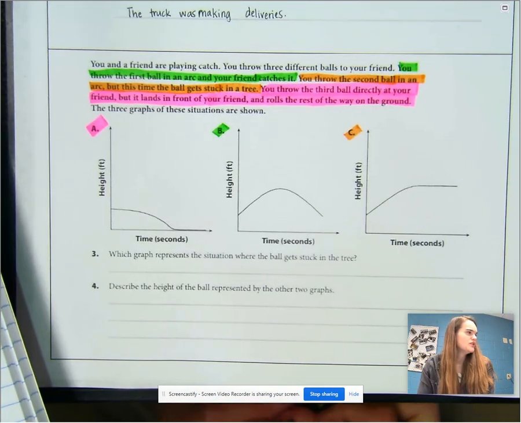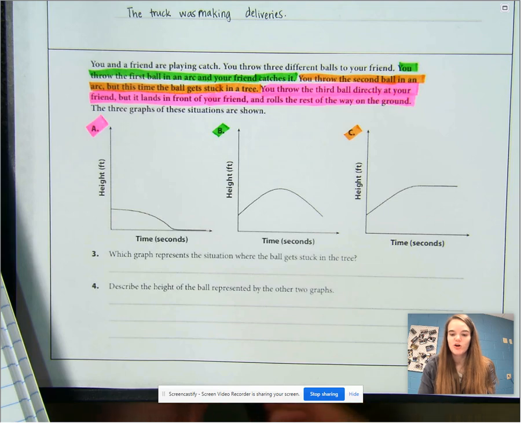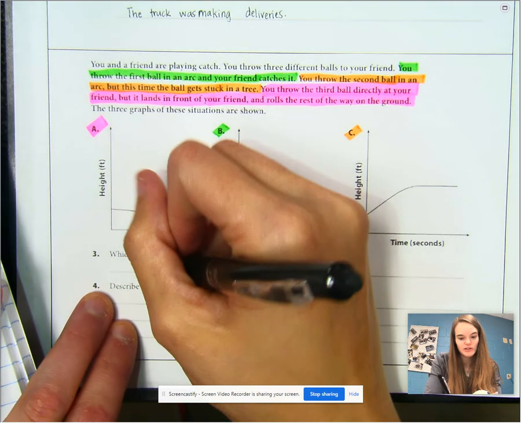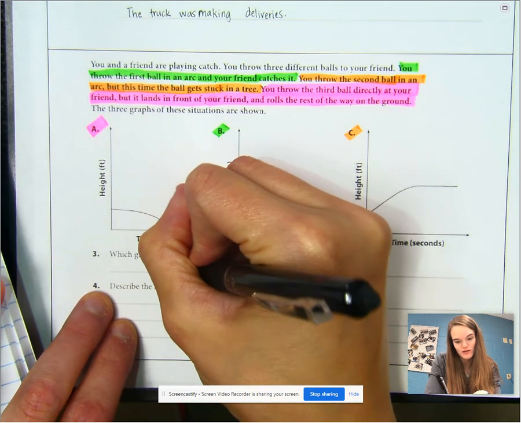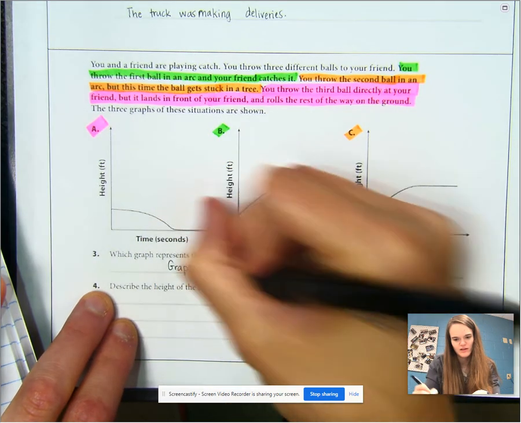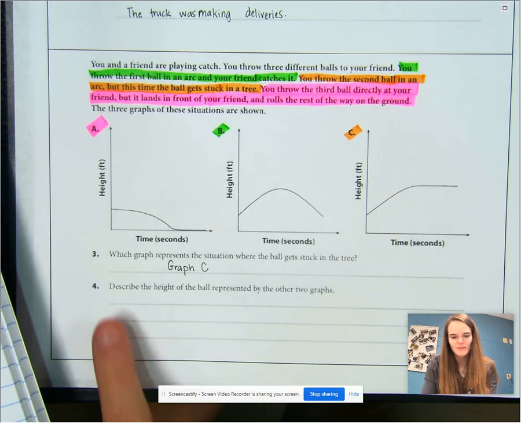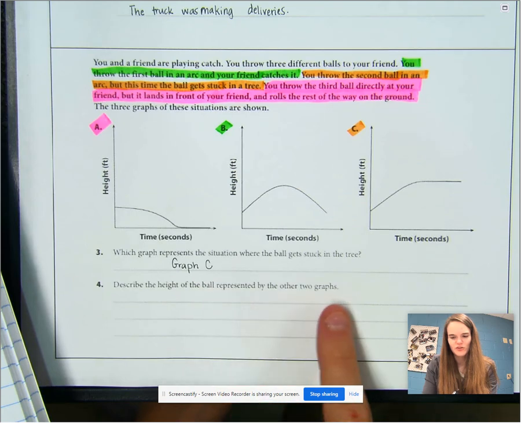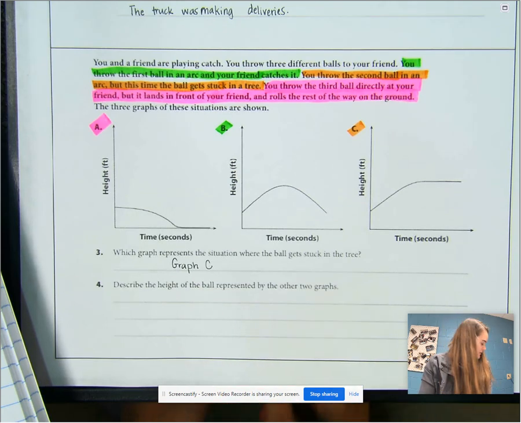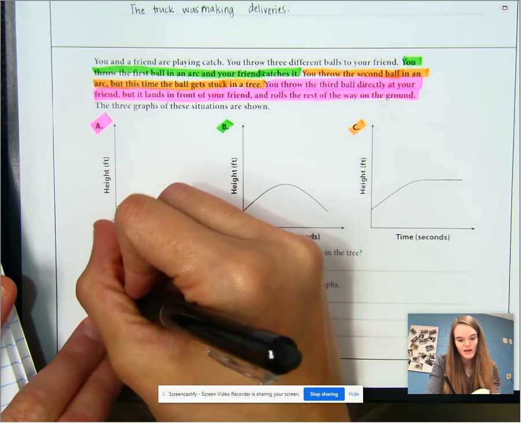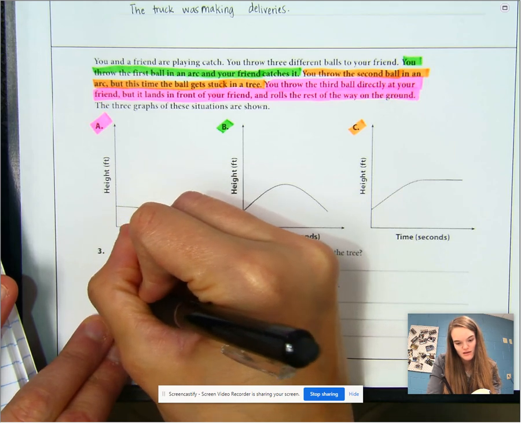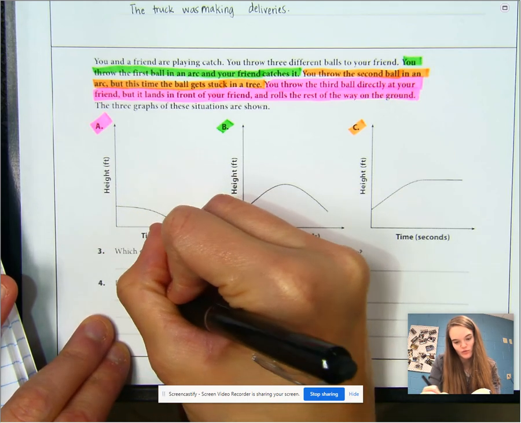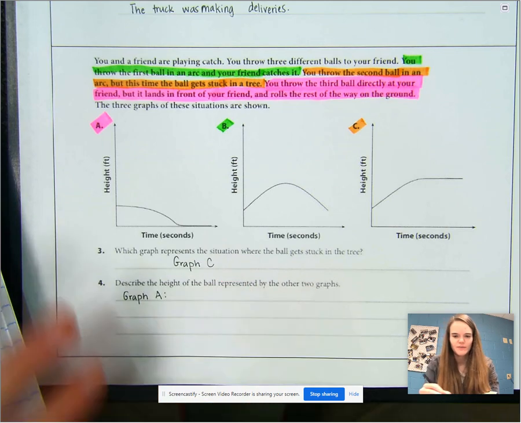Number 3, which graph represents the situation where the ball gets stuck in a tree? Well, thankfully we already did this, so it is graph C. Describe the height of the ball represented by the other two graphs. Well, we've kind of already done that. Graph A. Since we've already identified it, we're going to write something short.